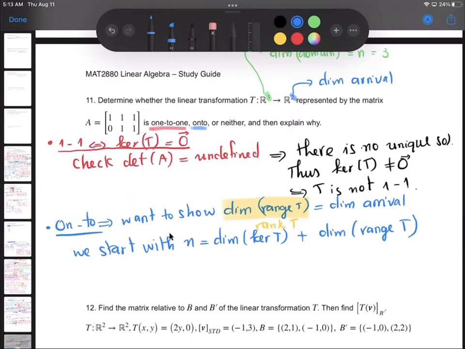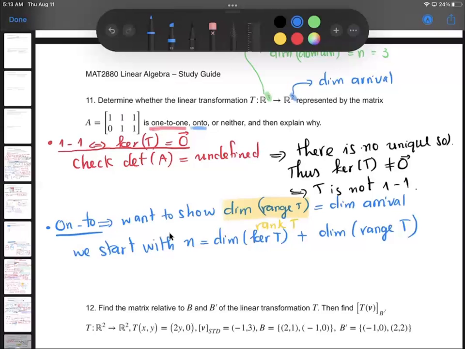So if I change it into a system of equations, I get x equals 0, and x plus y equals 0. If I let z equal s, then y equals negative s. So (x, y, z) is (0, negative s, s).